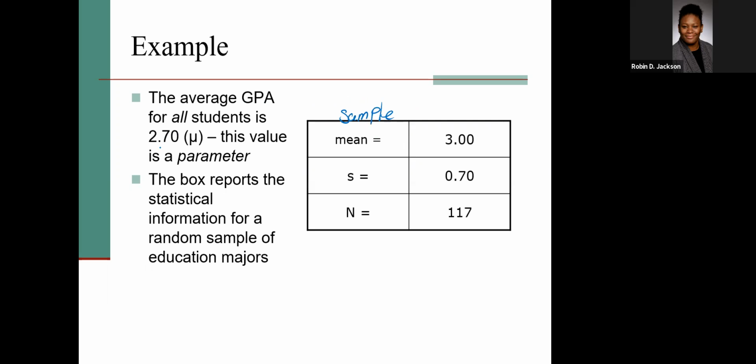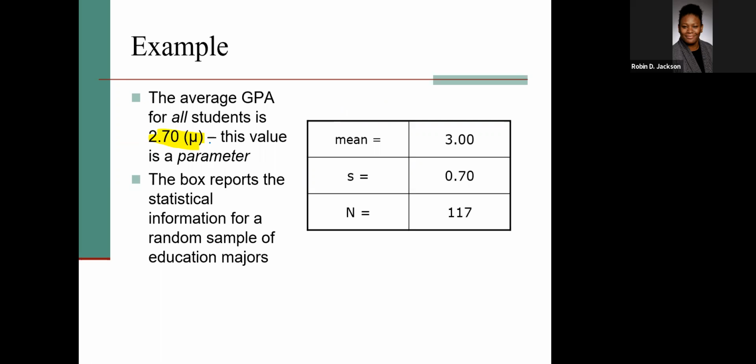This right here, the 270, that is actually going to be your population mean. So remember, I'll just erase everything. Remember that for the population mean, this funny looking M is the symbol for the population mean.